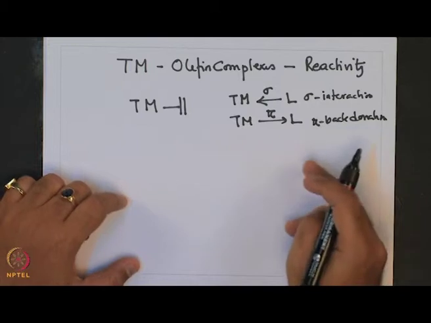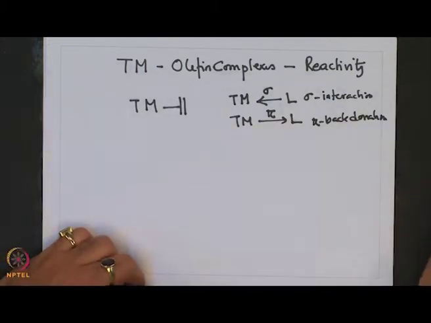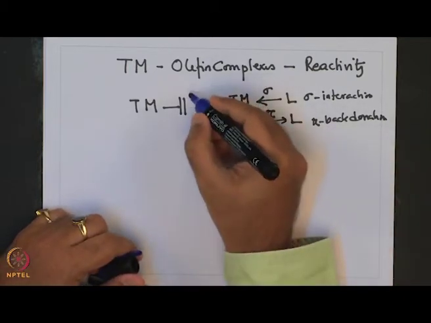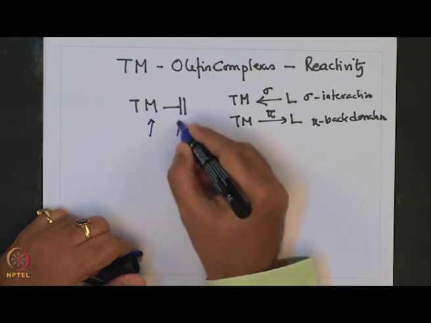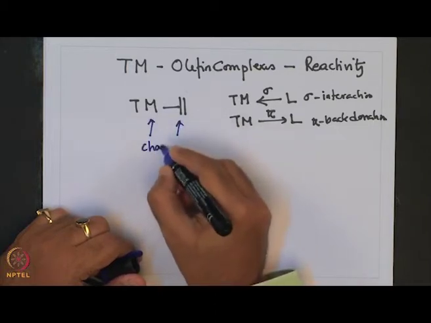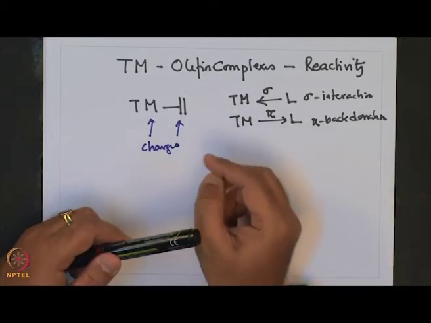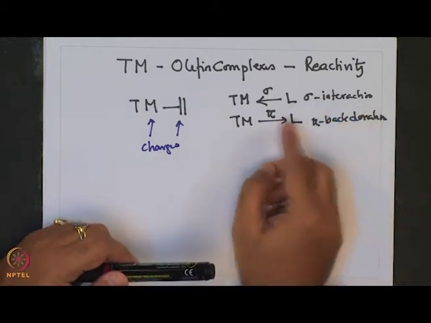And this we have discussed in the previous lecture, but as a result of the dynamics of these two interactions, the charges at the transition metal as well as the ligand carbons give a vital clue as to the nature of this interaction.